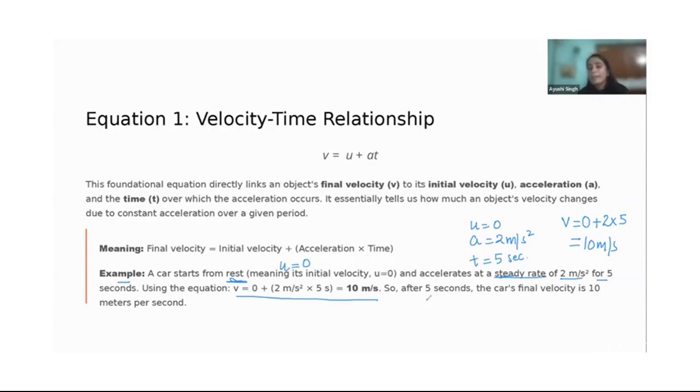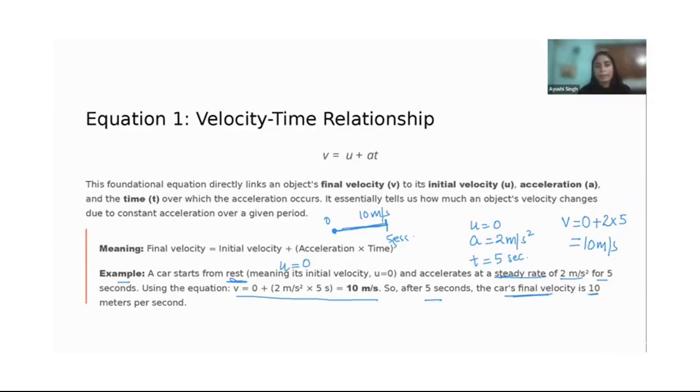After 5 seconds, the car's final velocity will reach 10 meter per second. Initially it was at 0, then started moving, and after 5 seconds it will achieve a velocity of 10 meter per second. That means you have started your car.